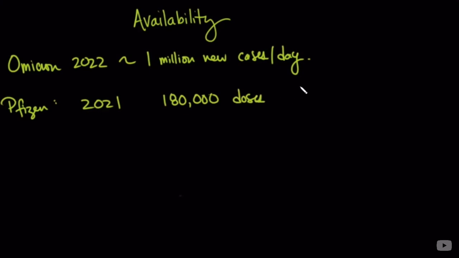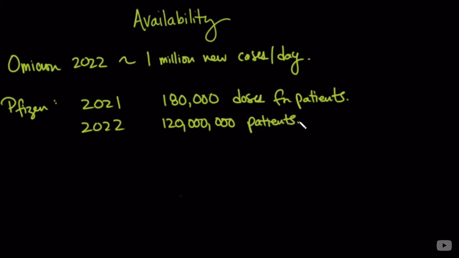That means 180,000 packets to treat 180,000 patients. And when I say doses or packets, these are basically courses of medications that the patient would take over a 5-day period of time. They are trying to ramp up production, and they believe that in 2022, they should be able to dose 120 million patients. And of course, that's worldwide.